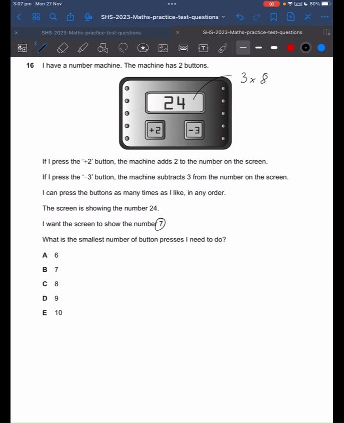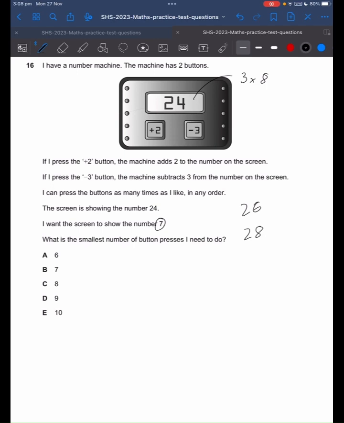From there, let's start by adding plus 2 first, so we get 26, and if we take away 3 multiple times, we're still not going to get 7. So let's add 2 again. 28.